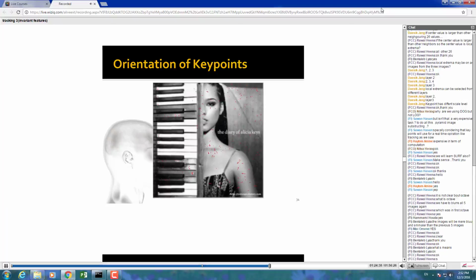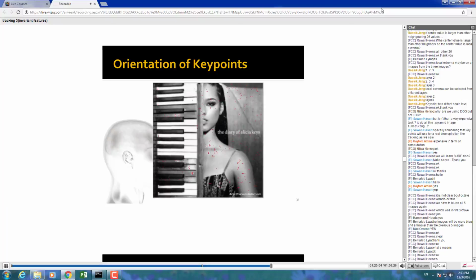Some key points are coming from the first interval. Some features are coming from the second interval of the first octave. Some features are coming from the first interval of the next octave. Okay, but in this way, we can have different layers for different key points.